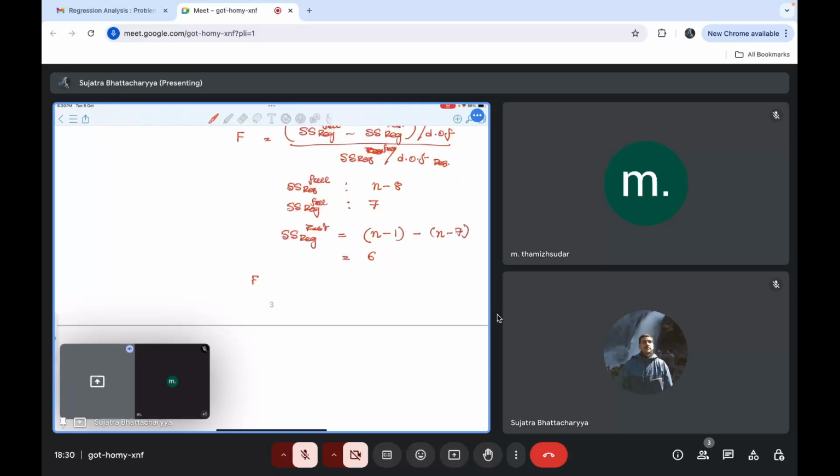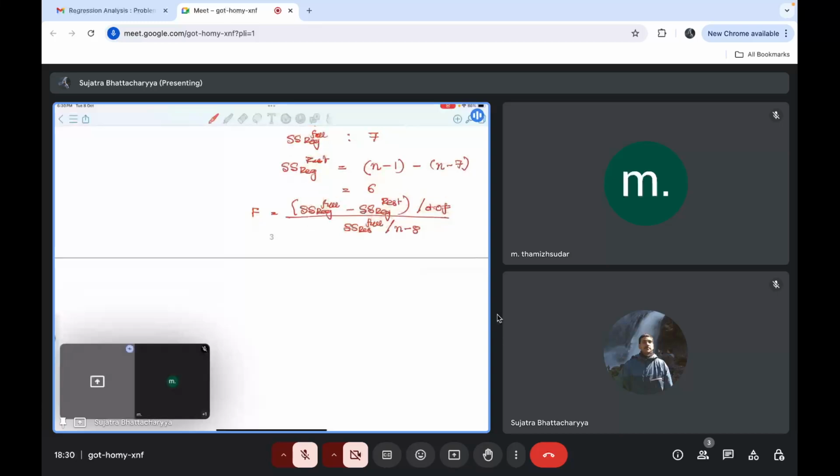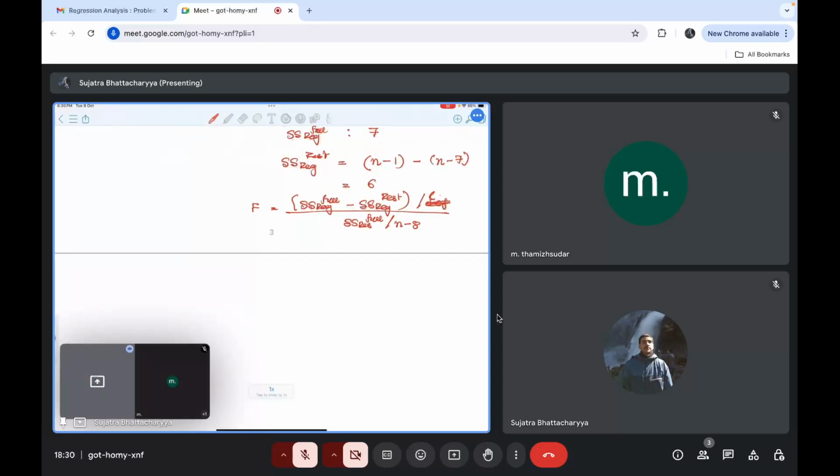Therefore, the F will be SS regression of the full minus SS regression of the restricted divided by the degrees of freedom of this, divided by SS residual of the full, and its degrees of freedom is confirmed to be n minus... okay, so how much is this? For the full it is 7, for the restricted it is 6.